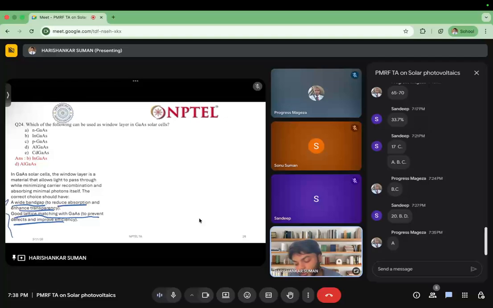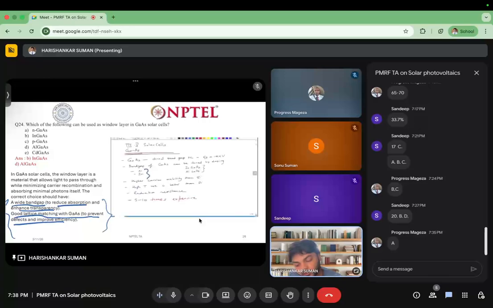These are the criteria for choosing. So indium and aluminum band gap can be tuned by doping and used as a window layer.